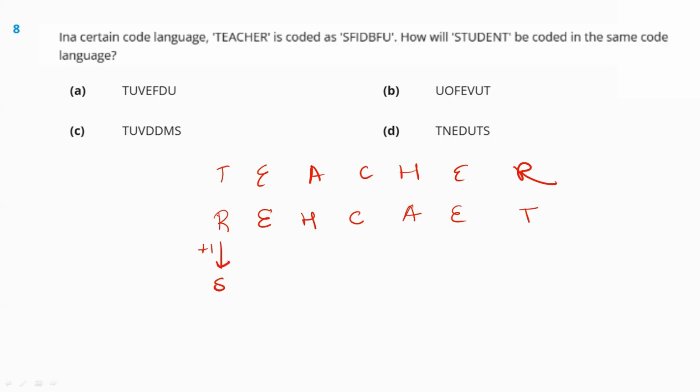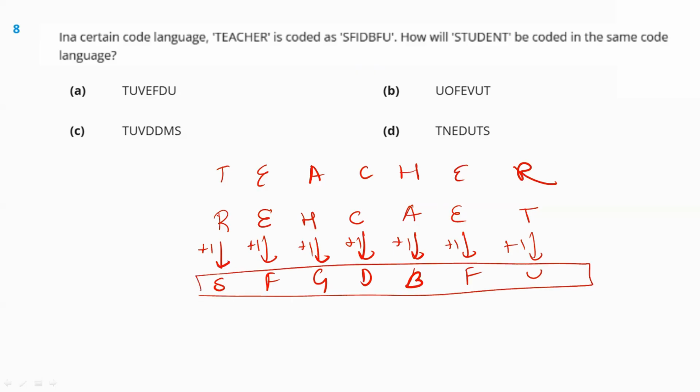So +1 with R is S, +1 with E is F, +1 with H is I, +1 with C is D, +1 with A is B, +1 with E is F, and +1 with T is U. So we get the code SFIDBFU.